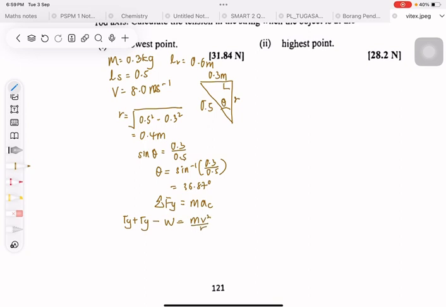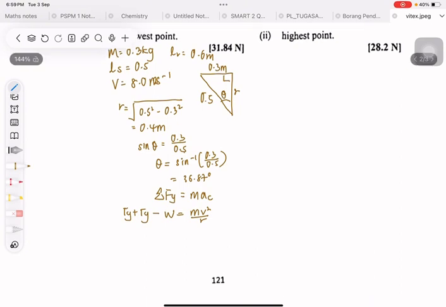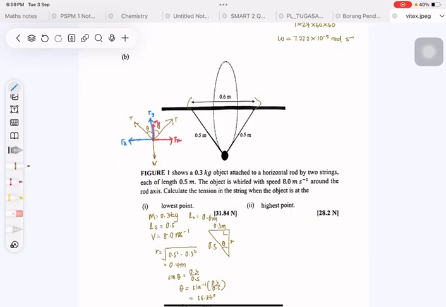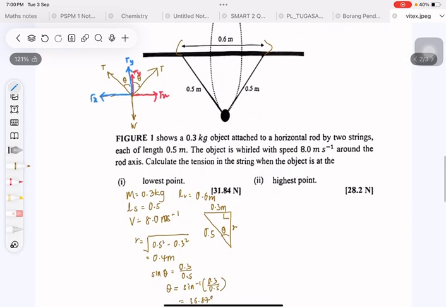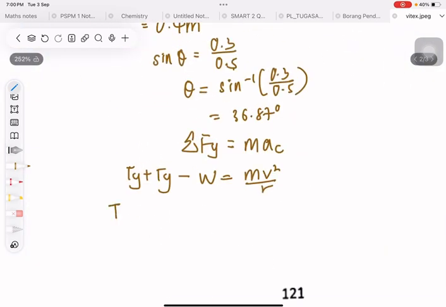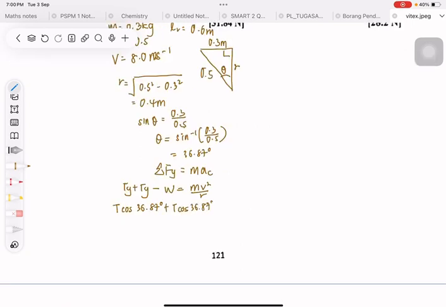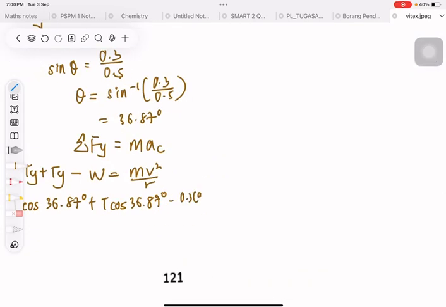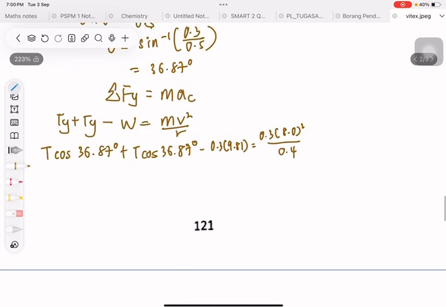Because centripetal acceleration is equal to v squared over r. And from the diagram, we know that the lengths of both strings are equal, which means the tensions in both strings are also equal.